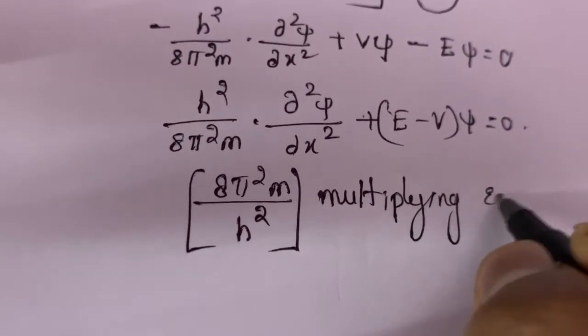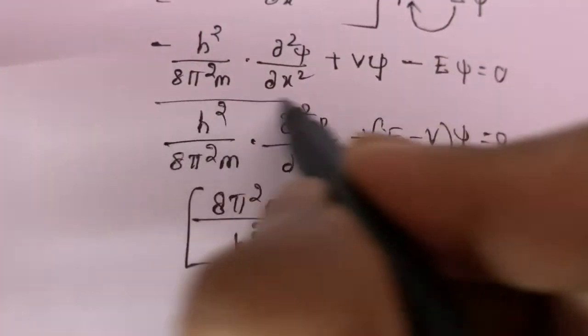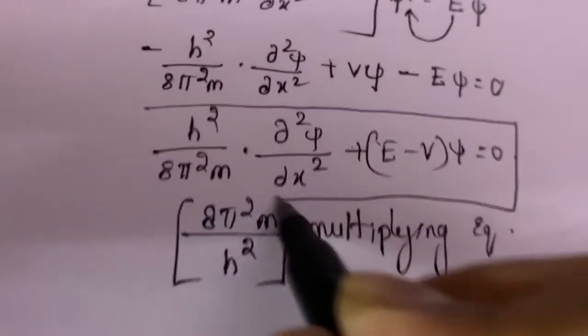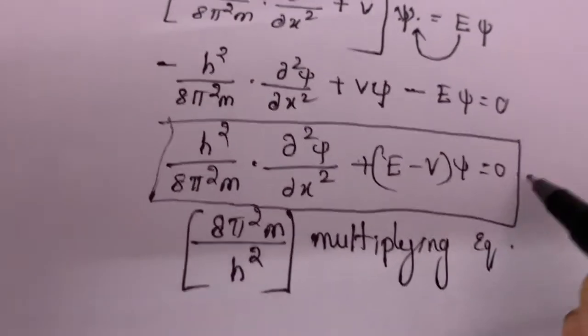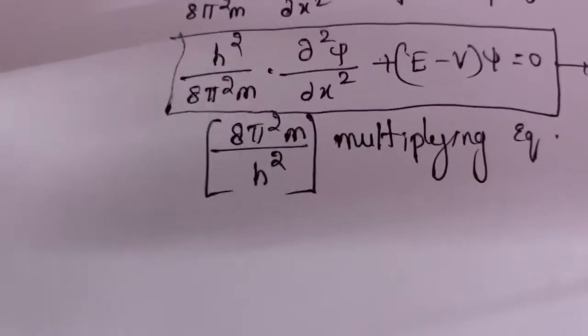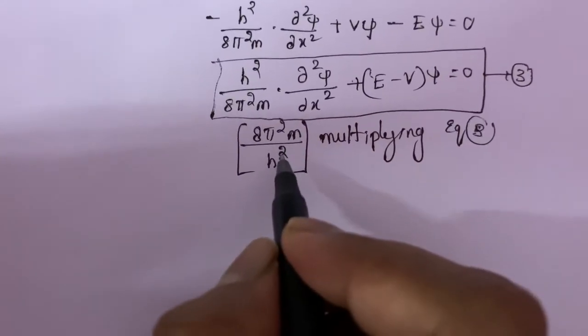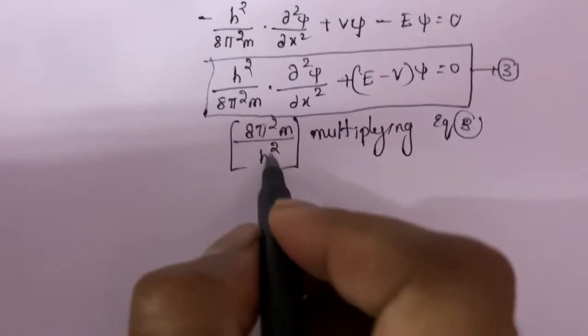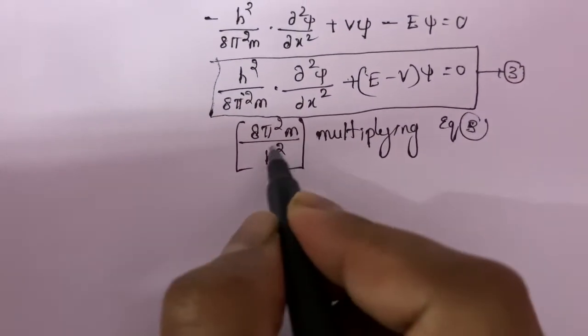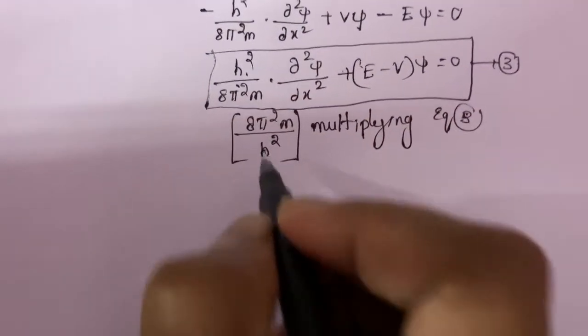Consider this equation number 3. Here we are going to multiply equation number 3 with 8 pi square m upon h square. So what will you get? This term will get cancelled.